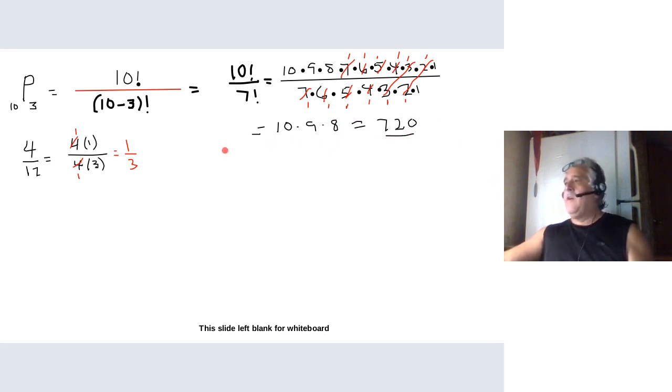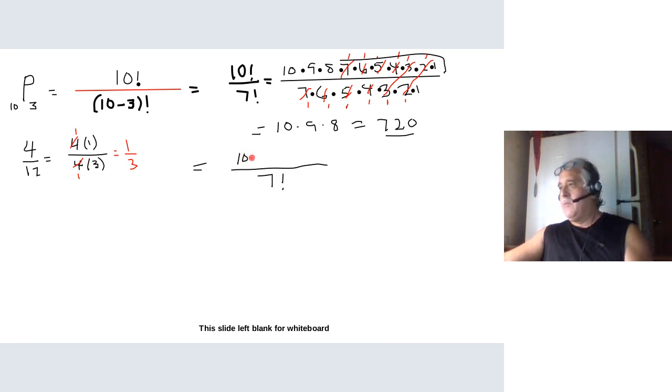All right, now let me just show you a shorter way. And like I said, if you do it the short way, it's almost as quick as the calculator. So instead of expanding out the 7 factorial, the smaller one at the bottom, I'm just going to leave it as 7 factorial. But what I'm going to do with this one is, and you can kind of see here, that right there was the same as the one on the bottom.